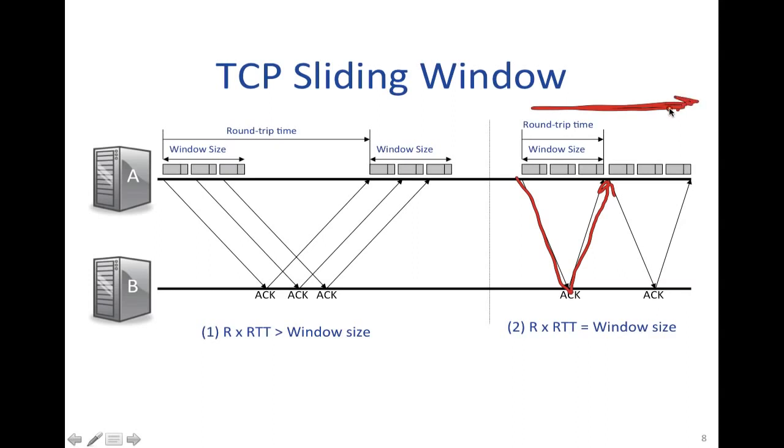And so there are no pauses, therefore we're using the network more fully than in this case when we've got this idle time. So this gives us a hint as to our ability to keep the network full. Some people would interpret this as a rate because it's the window size divided by the round trip time. And we're going to consider that a little bit later. So that's the basic idea of how this is going to work.